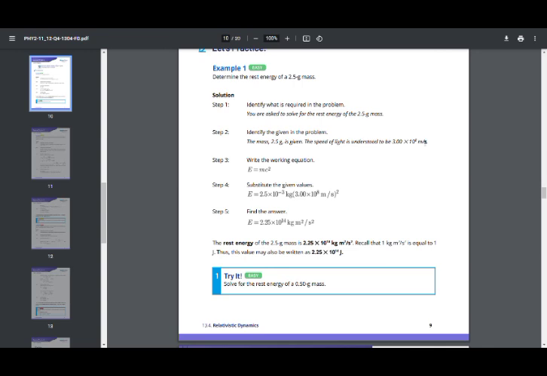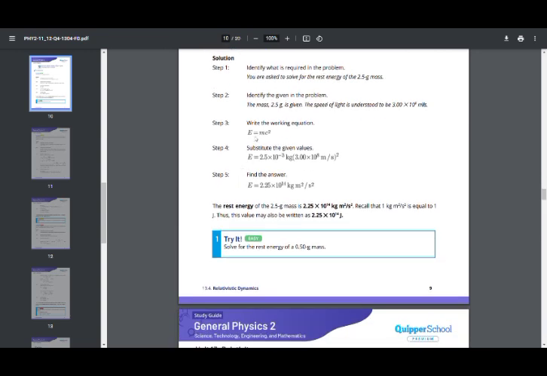So, our given is 2.5 grams and the speed of light is 3.00 times 10 raised to the power of 8. It's really easy.